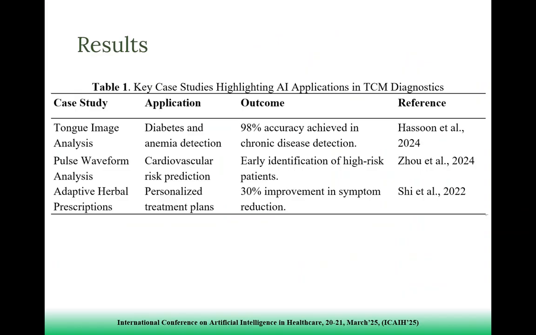Also we have detection and prediction of cardiovascular risk through the pulse waveform analysis, and adaptive prescriptions and personalized treatment plans, with a 30% improvement in symptom reduction when they analyze adaptive herbal treatment. This is a typical example.